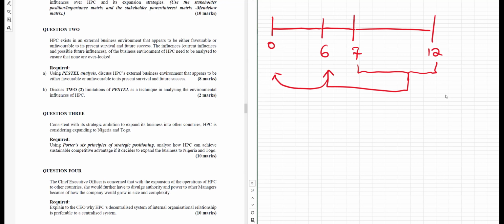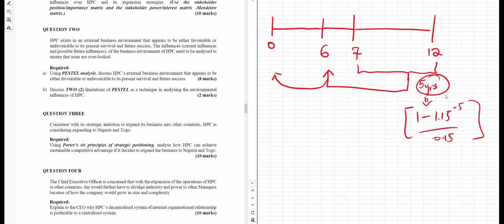So the annuity factor for 7 to 12, how many years? 8, 9, 10, 11, 5 years. So do the 5-year annuity discount factor at 15%. So 1 minus 1.15 raised to the power minus 5, all over 0.15.